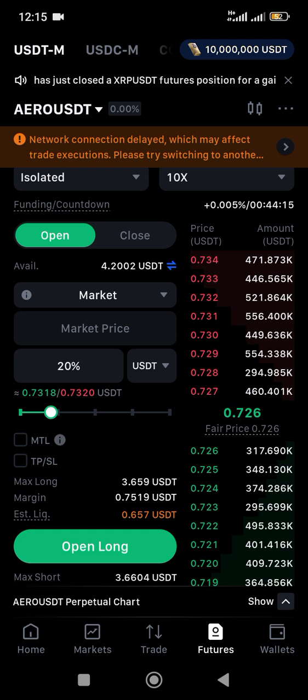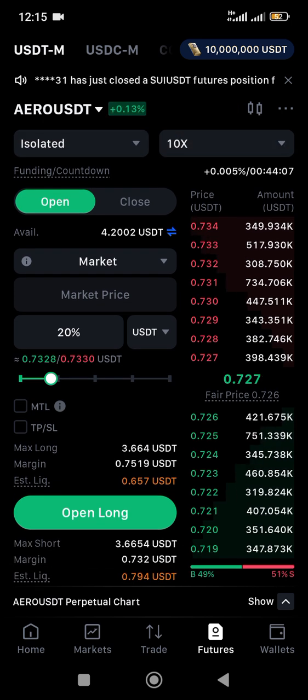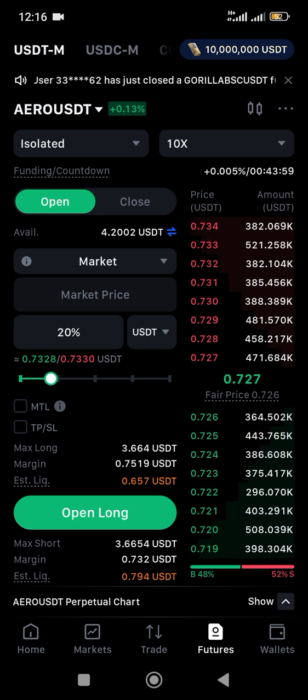Very important, so that even if you lose 5% in the trade, you will still have enough capital to continue trading. All right, so that is it.